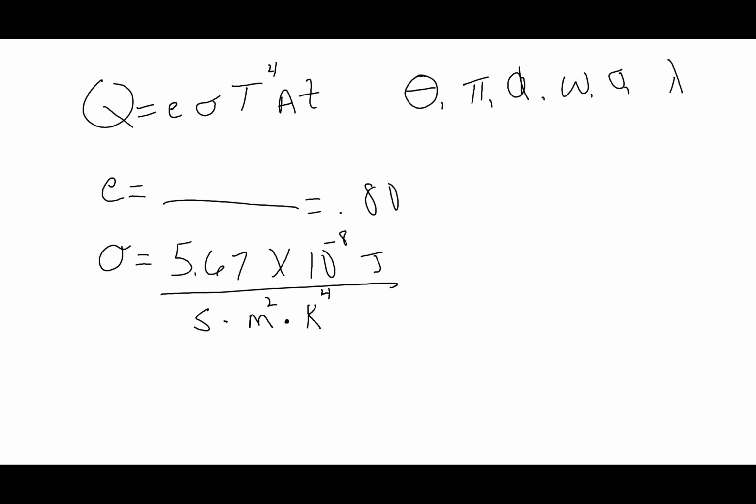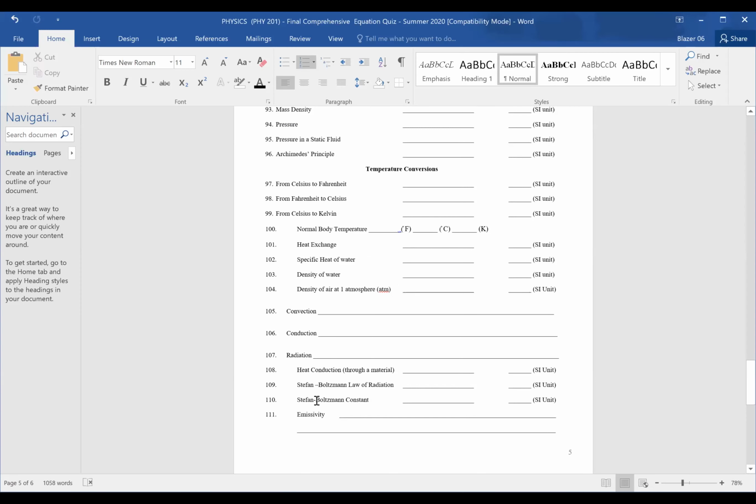Let's go back to our equation quiz. I've given you the Stefan-Boltzmann law of radiation, and the value for the Stefan-Boltzmann constant. Notice that this is kind of small, so you may not be able to put the unit there, because the unit for this constant is not simple.